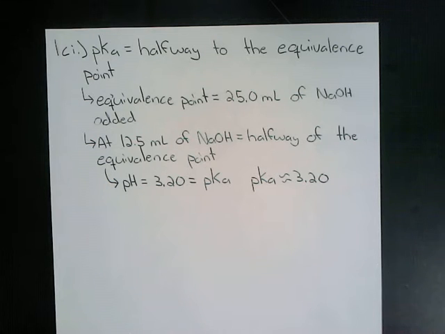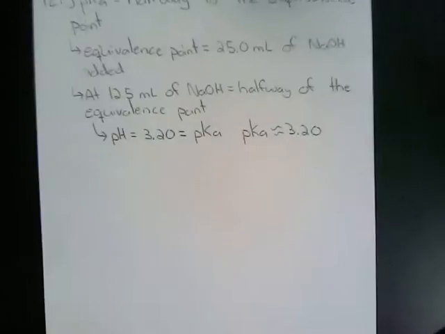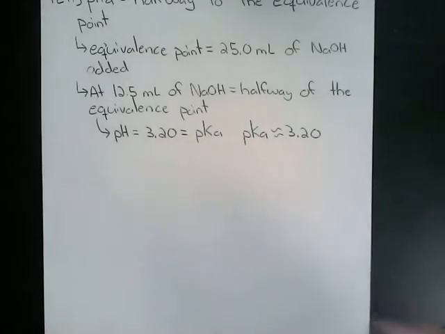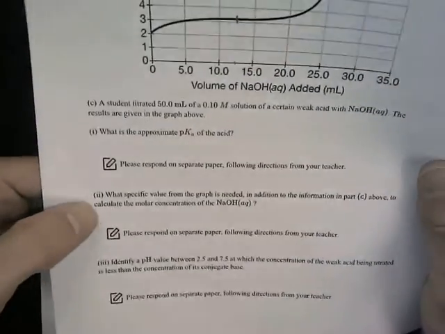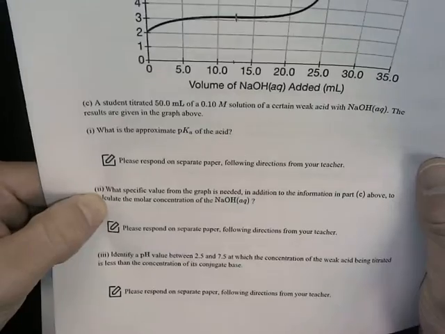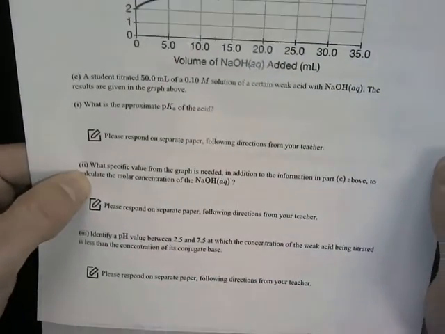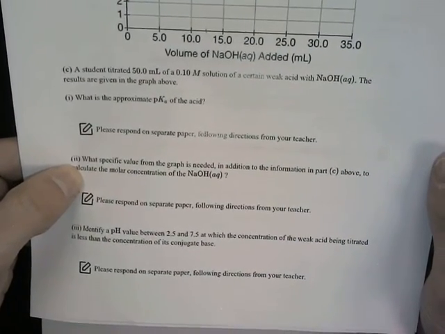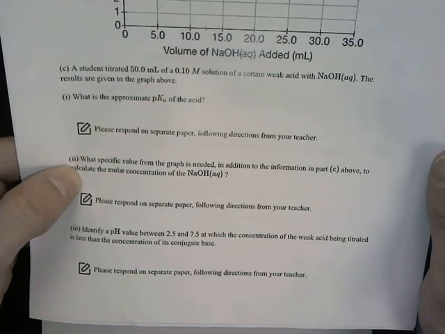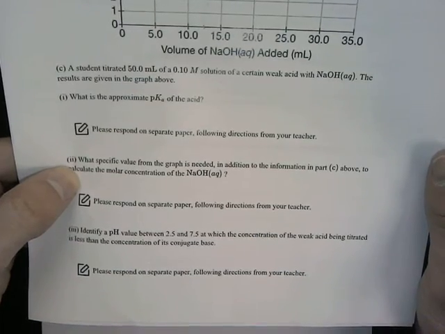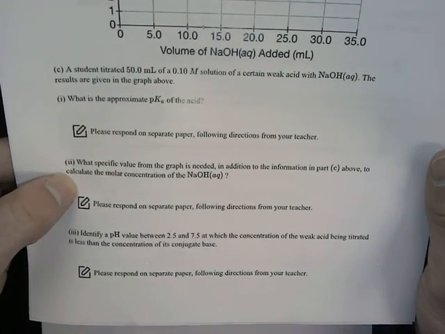Okay, a lot to take in there, a lot to consider. Things that we've gone over. Now, question 2 is a little bit easier here, or question 1C2. It says, what specific value from the graph is needed in addition to the information in part C to calculate the molar concentration of NaOH?